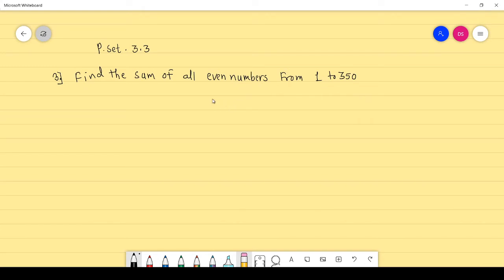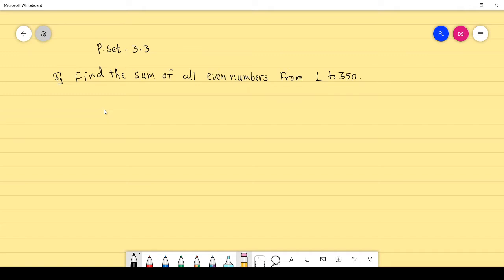Right? So we know which are the even numbers: the numbers divisible by 2. The number which is divisible by 2 is considered an even number. That is the simplest definition we can have. So from 1 to 350, is 1 an even number? No, it is an odd number, because there should not be any remainder.